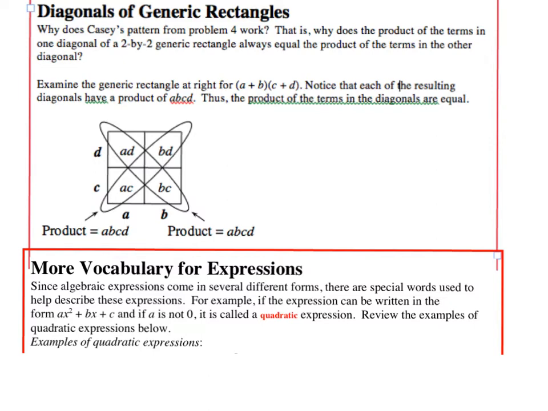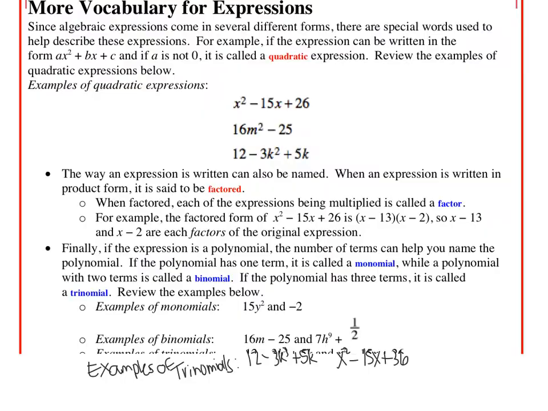Thus, the products of the terms in the diagonals are always equal. So because you have a common factor here that comes out here, and a common factor here, and a common factor here, the two diagonals have the same basic factors, so their products are always going to be equal.